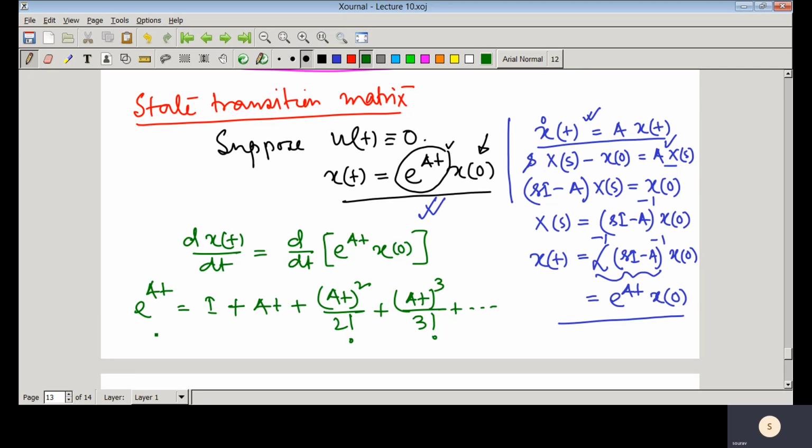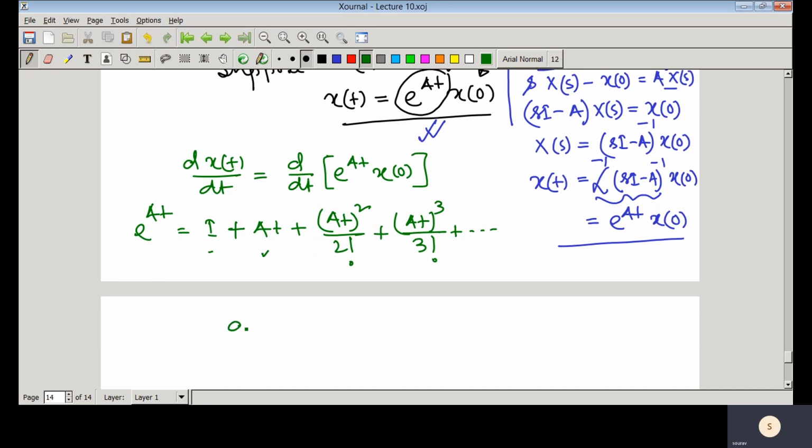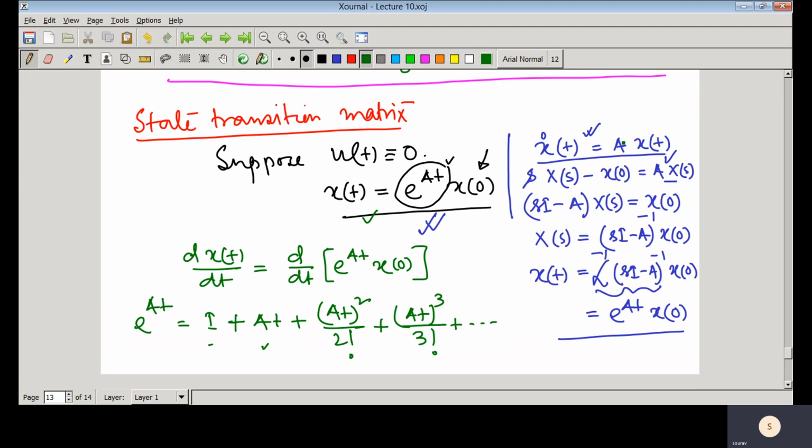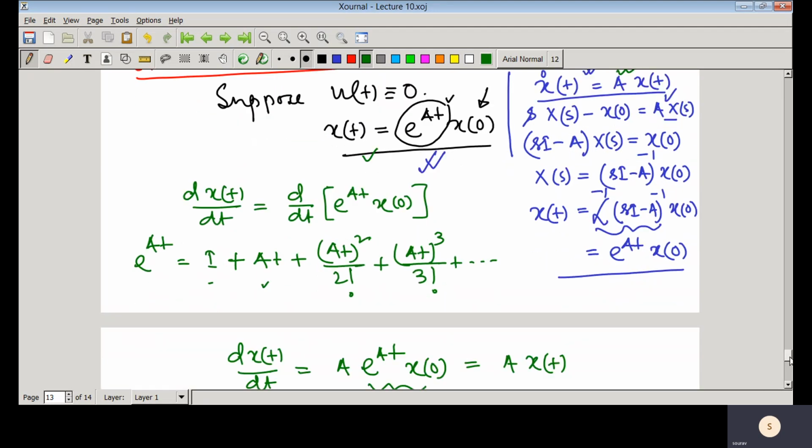Now if you take the derivative, the first term would be equal to 0, this one equal to only A, and the same way for the rest. Finally, dx(t)/dt = A e to the power At x0, and as e to the power At x0 equals x(t), you have Ax(t). So if you take the derivative of this solution, again you get back the state equation. So now it is proved.